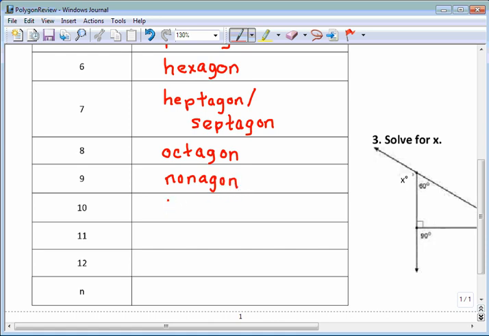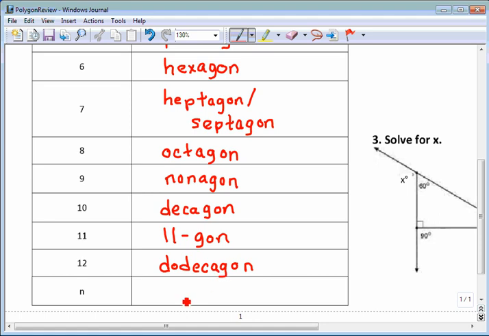Ten-sided figure, an 11-sided figure, it's just 11-gon, but we don't read the dash, we just read it as 11-gon. 12-sided figure, very good. So we take the decagon from 10 and we put a do on the front of it. So we're adding two more sides to the decagon. Make sure that this is an a in here.